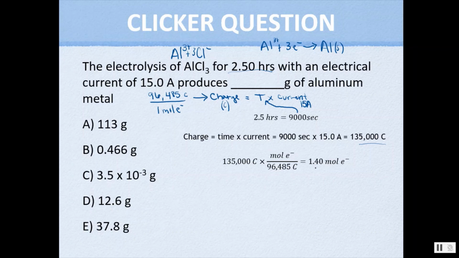And so that means that we applied 1.4 moles of electrons to our solution. And again, 3 moles of electrons will produce 1 aluminum. So if we have 1.4 moles of electrons, we would produce 0.466 moles of aluminum. That 0.466 moles of aluminum times the molecular weight of aluminum, which is 26.982, will give us 12.58 grams.